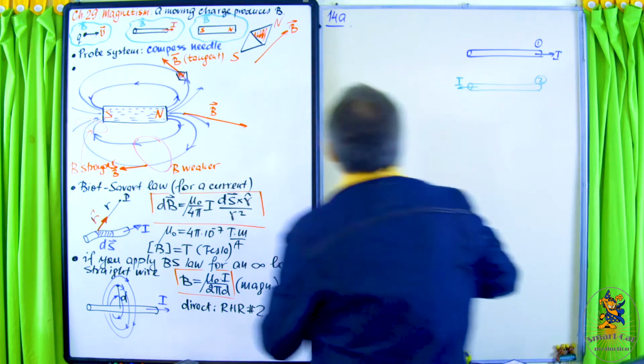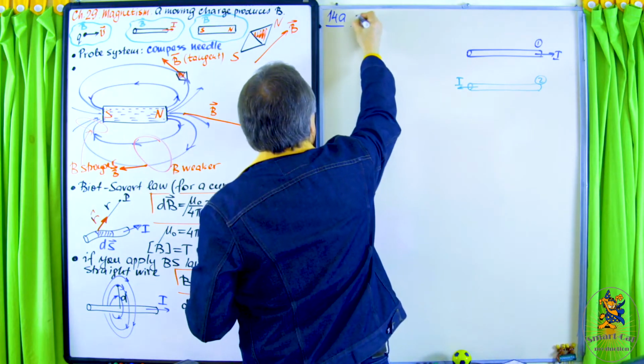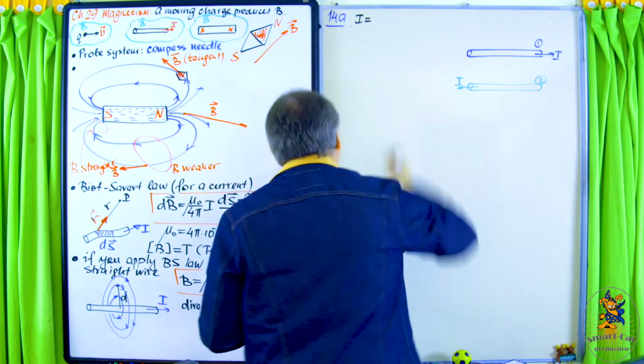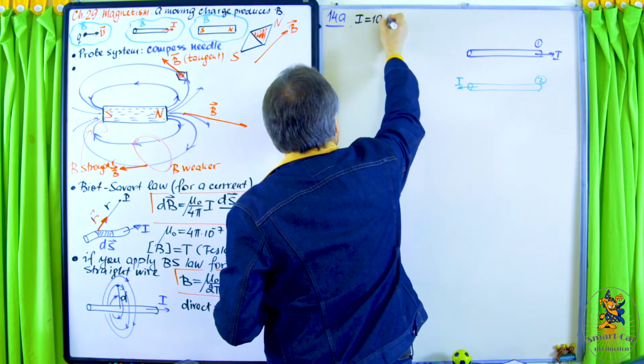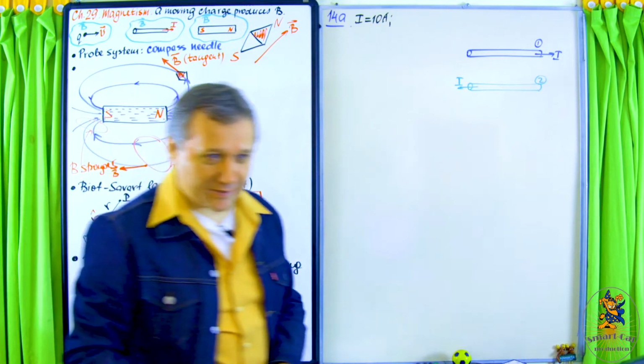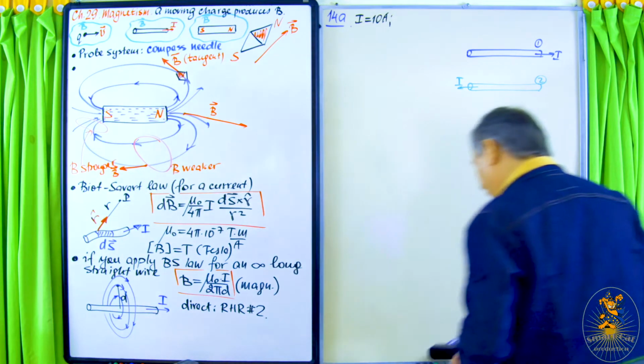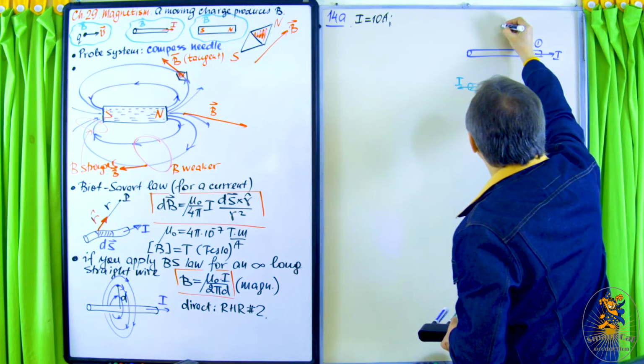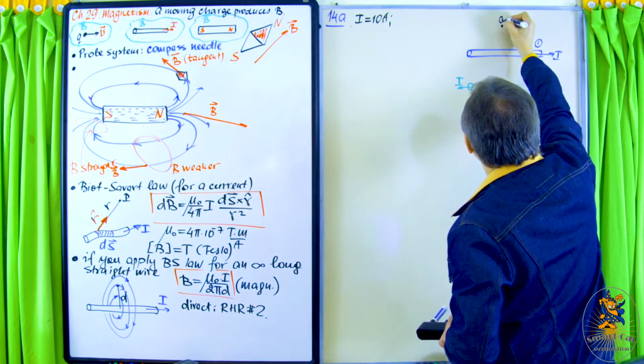The value of the current, I think, is 10 amps. Then some distances are given. First of all, we need to find the magnetic field at this point A.